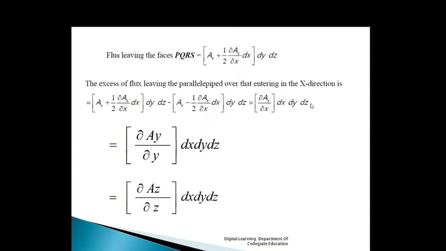These values indicate the excess flux leaving the parallelepiped over that entering along the x direction.